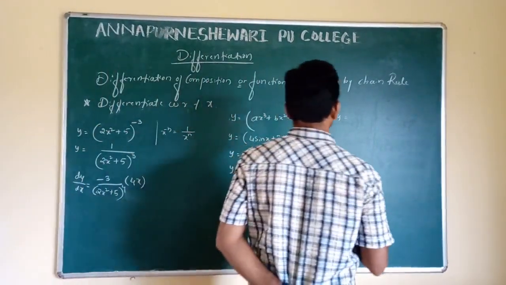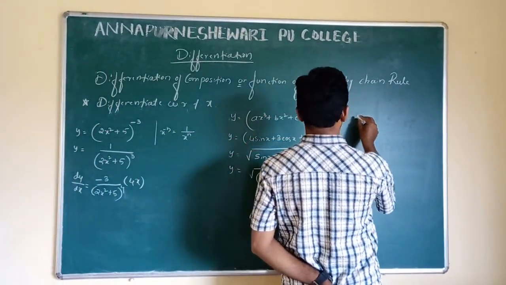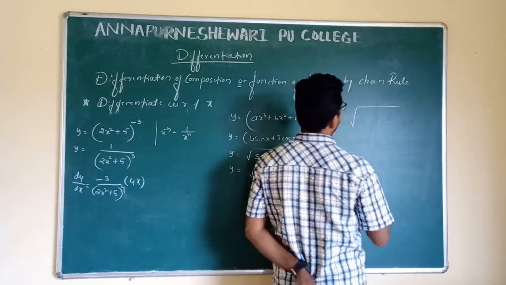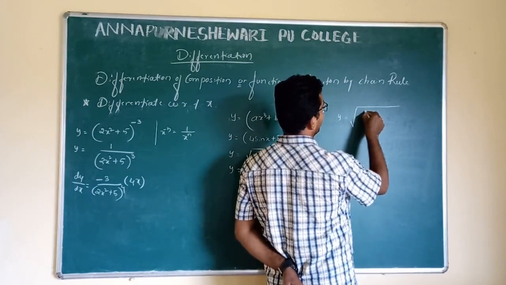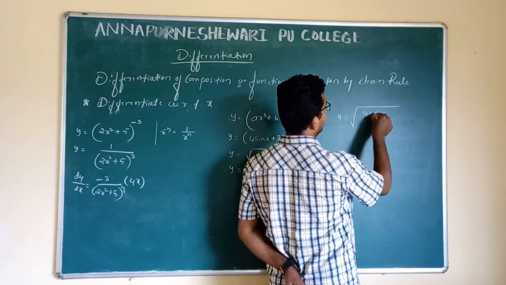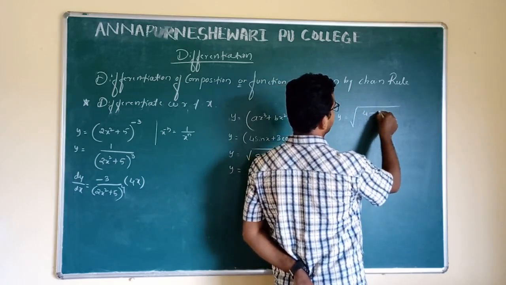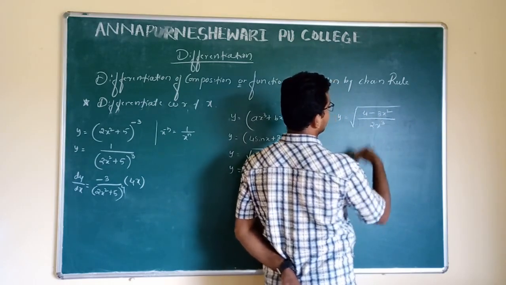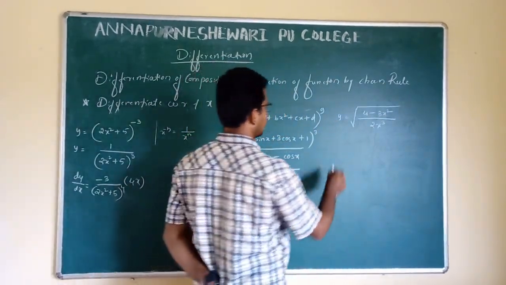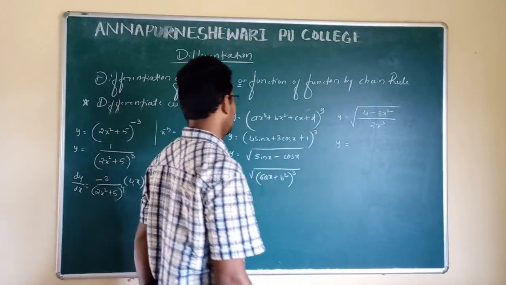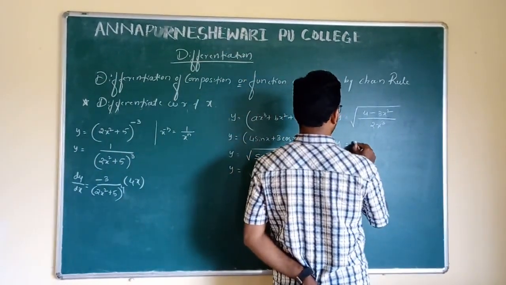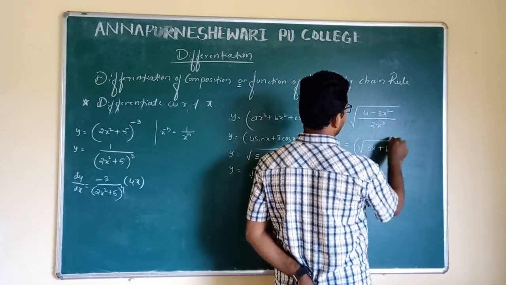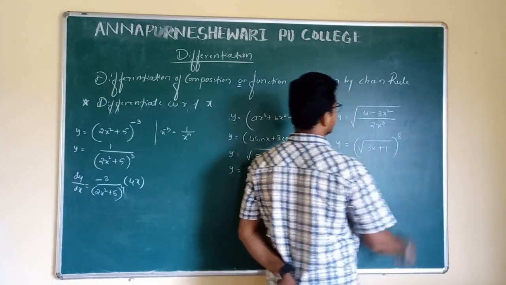Okay. Then whole root of 4 minus 3x square divided by 2x cube. Next one, y equal to root of 3x plus 1 whole raised to 8.